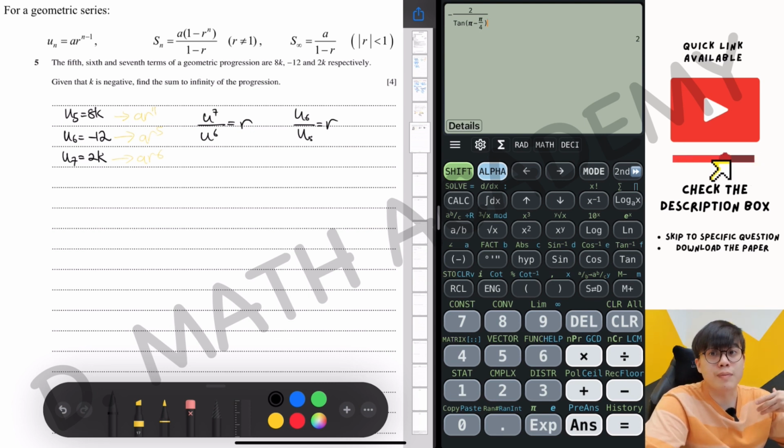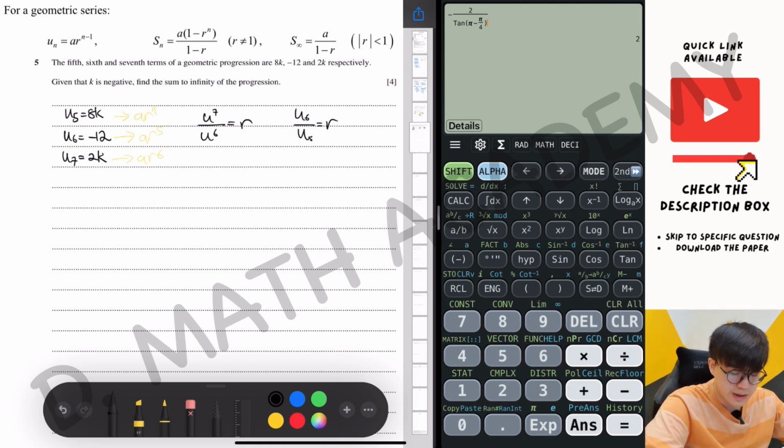Then from there, we might be able to trace our results. So when I take 2k divided by -12, it should equal when I take -12 divided by 8k here.